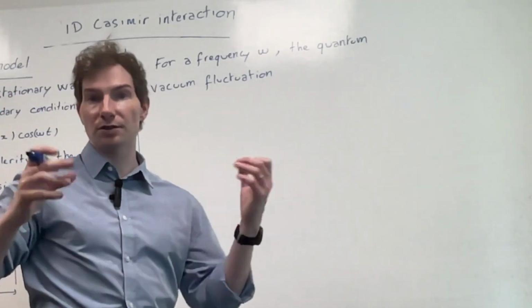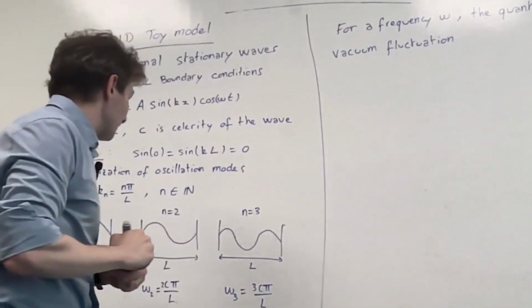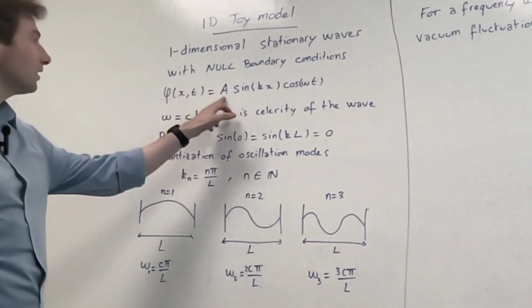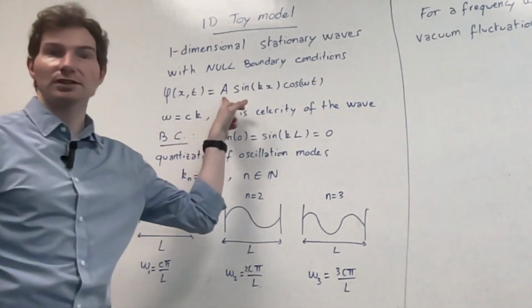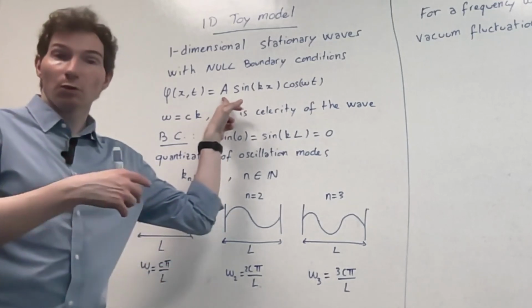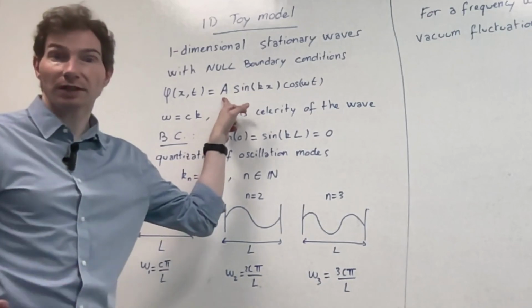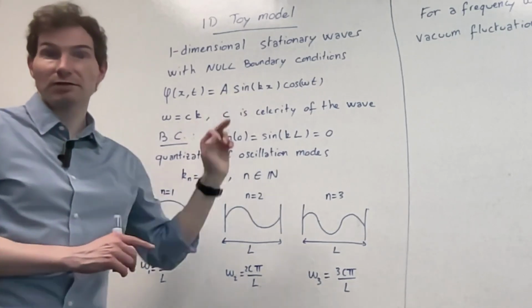So although it's an oscillator, you can't have that set to zero. For example, here you could imagine setting A to zero. That's still a possibility in this particular classical treatment. What the quantum vacuum fluctuation tells you is that you can't actually set this A to zero.